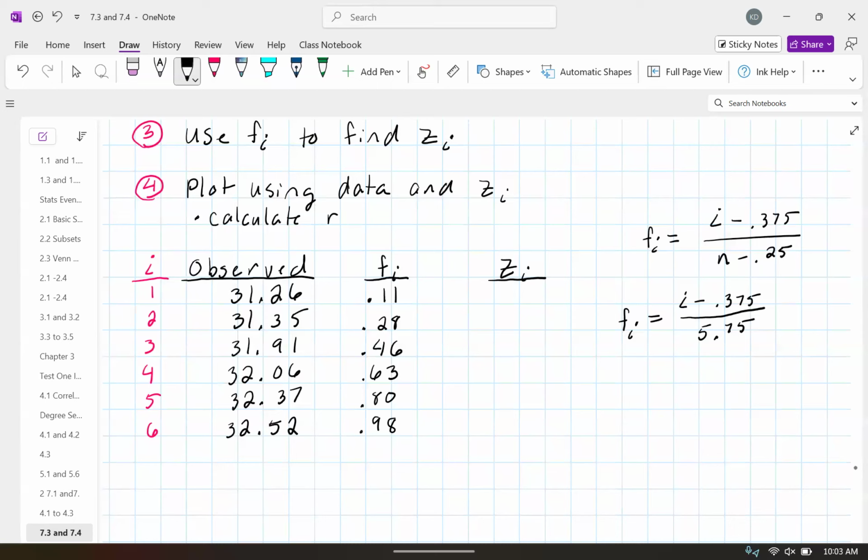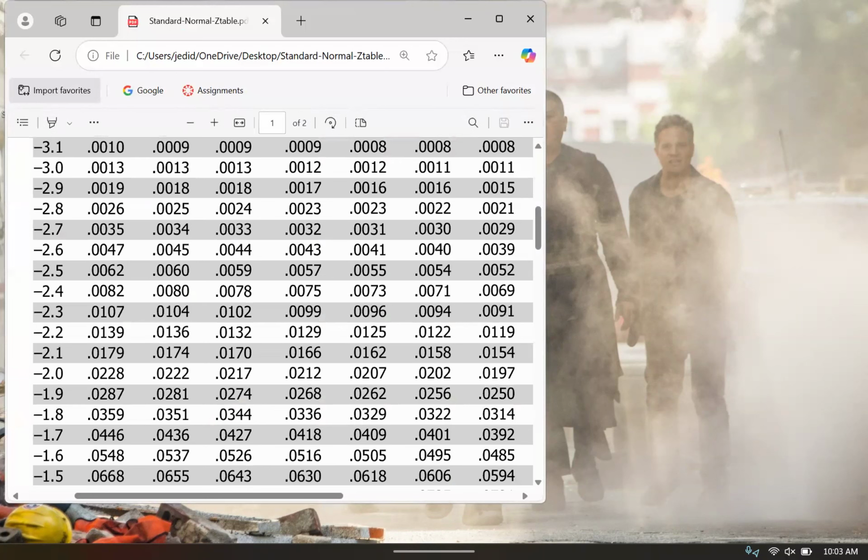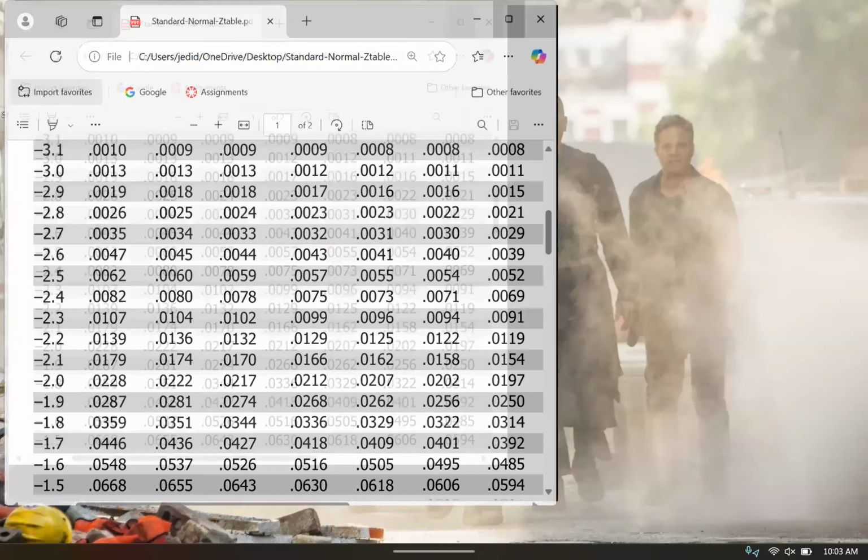That means my z-scores are going to be wrong. Sorry, let me pull my page up. Okay. My z-score chart. Okay, so I'm going to write them down in my little notebook and then I will write them on the screen. So our first one is 0.11.